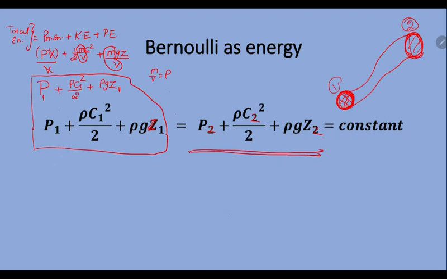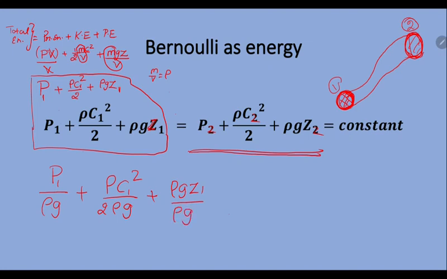So if I divide p1 by rho g plus rho c1 square by 2 times rho g, plus rho g z1 by rho g.